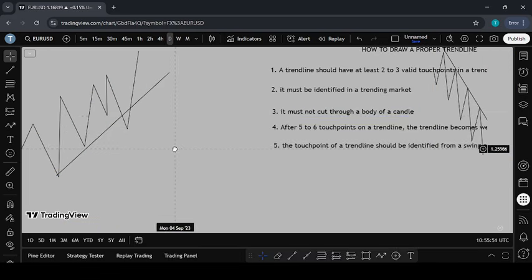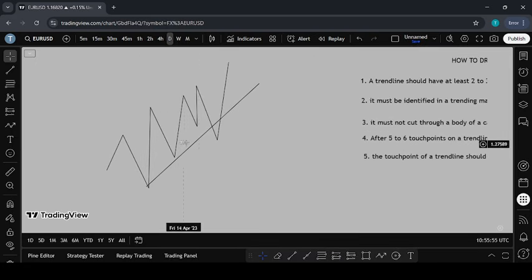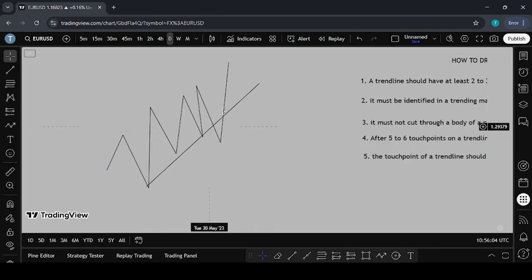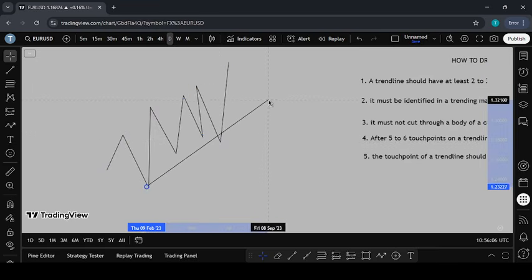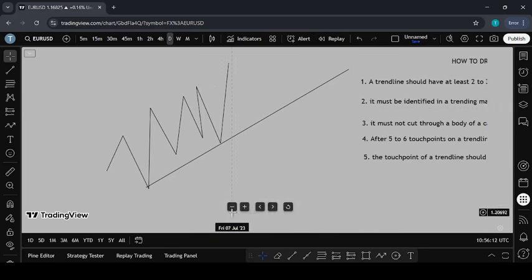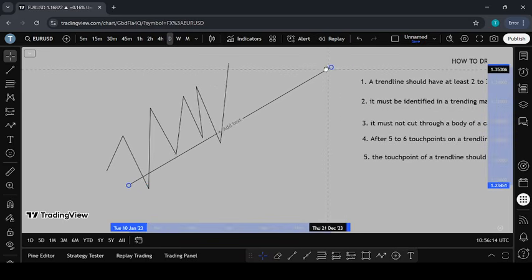You must not cut through the body of a candle just because you want to force it to have two touches already. If this point has created a swing and this is the new point, this is now the trend line, and not this.